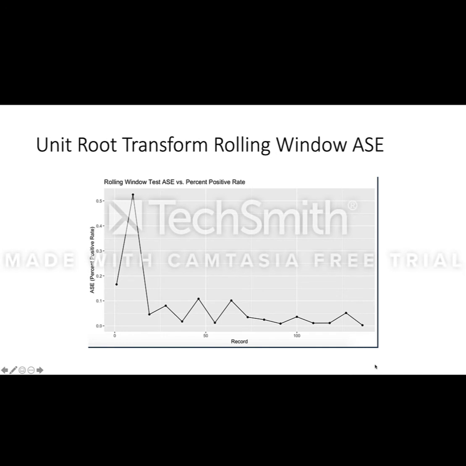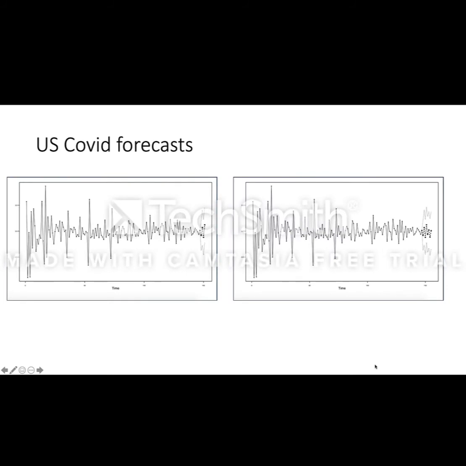Running a unit root transform rolling window AIC on everything, we can see that early on we had a poor fit, and later on we had a great fit, suggesting that the data leveled out and became more predictable, probably also due to a larger sample size. On the left side, we see a 4-day forecast, and on the right side, we see an 8-day forecast.